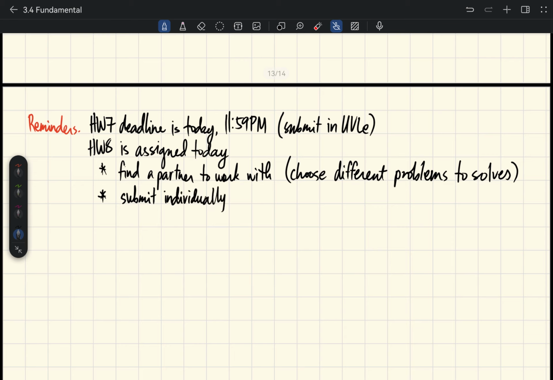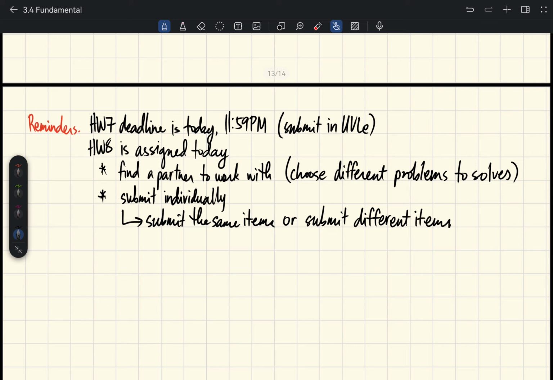And for this one, you can submit the same items, or submit different items that you have tried. For the individual submission, just make sure that you write the name of your partner.